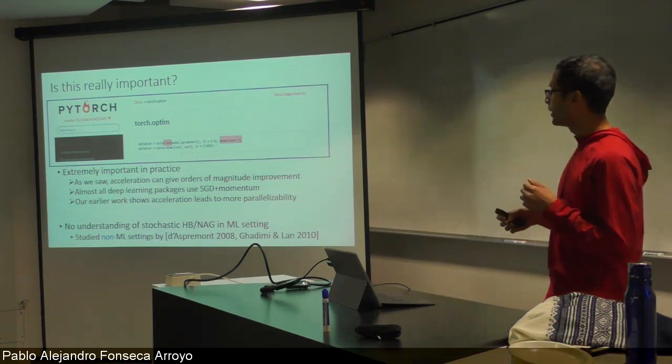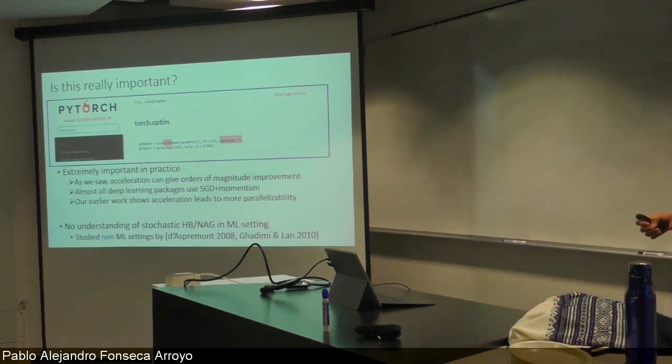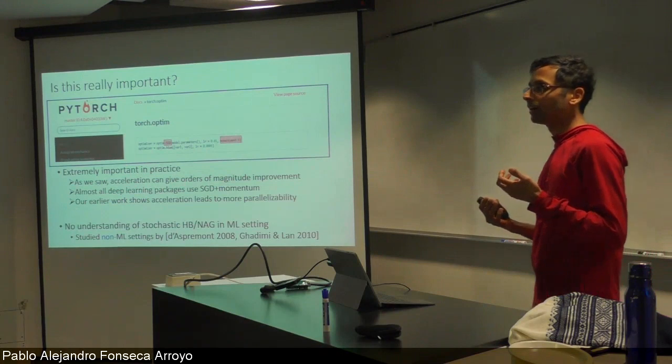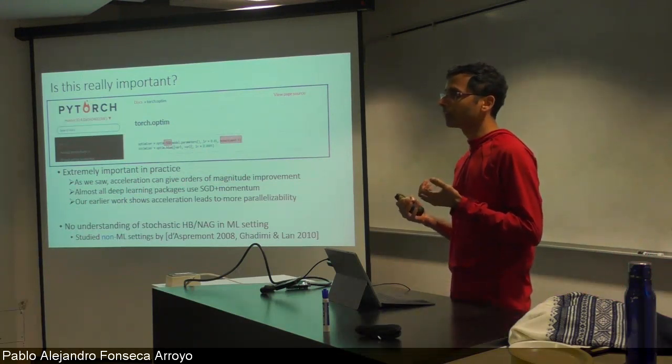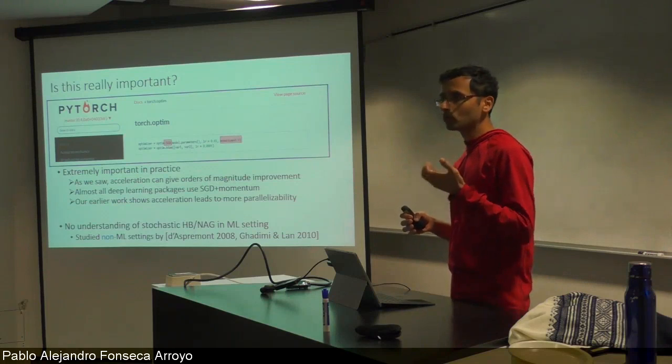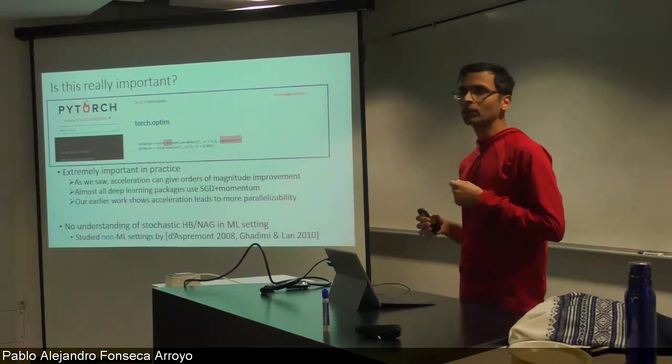On the whole, the point I'm trying to make is that in practice, we do expect to get good improvement if we can accelerate in the stochastic setting. Right now people are using heuristics, and we would like to understand whether there is a sound way to do this even in the stochastic setting.